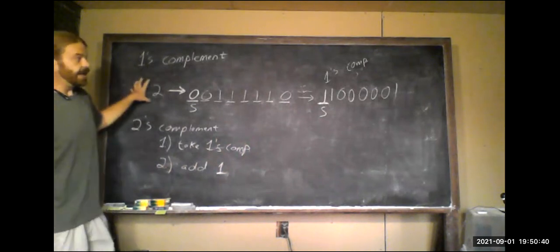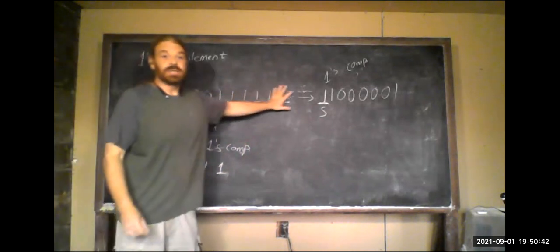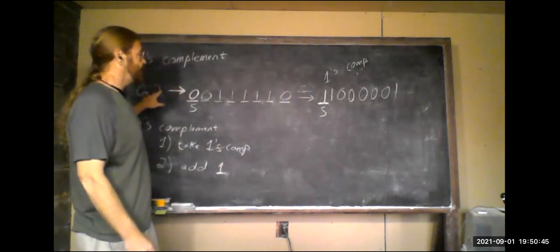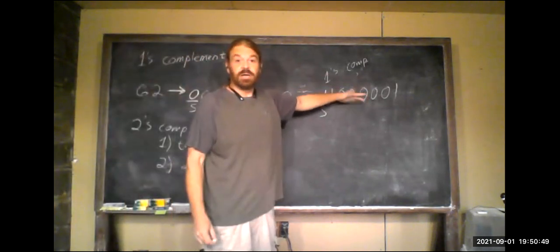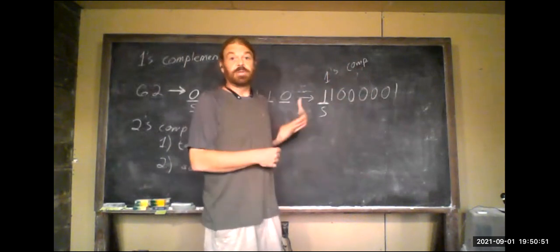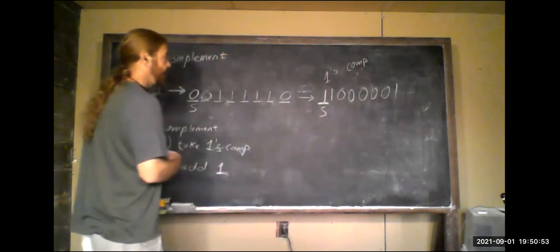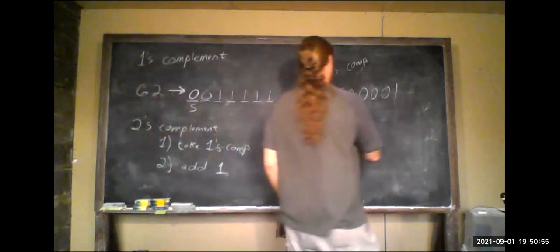So we take whatever our number is, write out all the bits for it, and then we get the complement of it. All the 1s become 0s and all the 0s become 1s. And then we add 1.